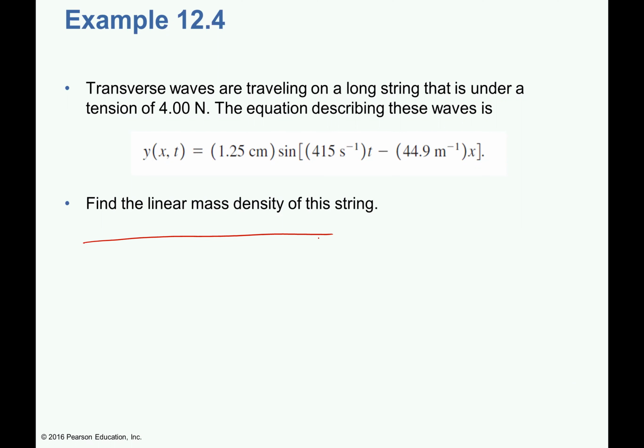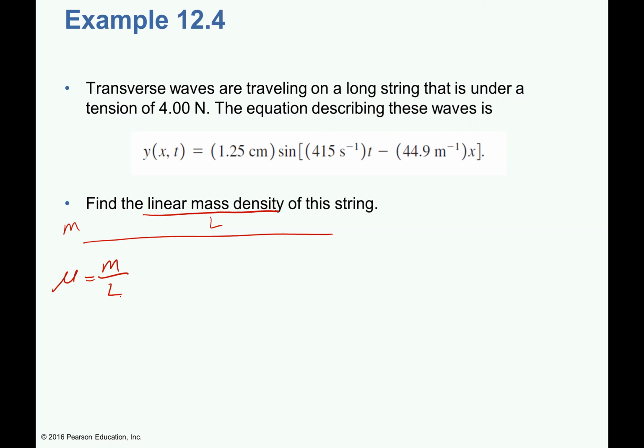The string has some mass m and length L, and using those two pieces of information, we can calculate what we call linear mass density, which is the mass of the string divided by its length. So, mass per length.